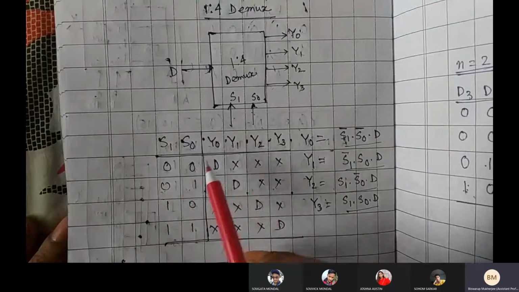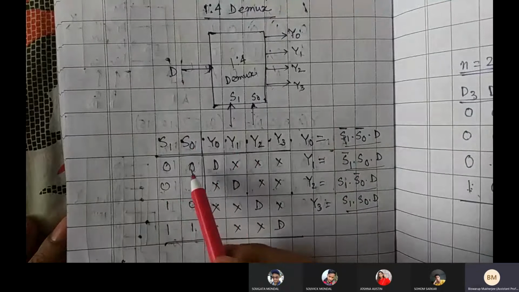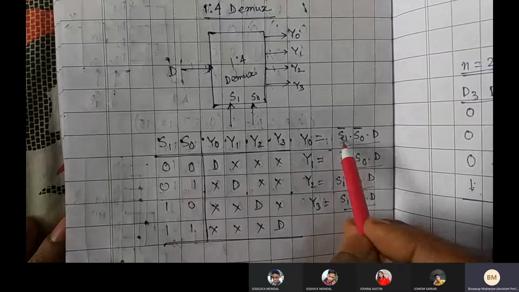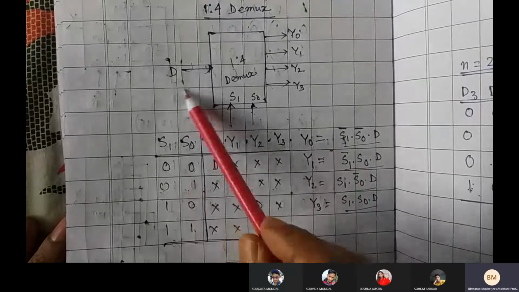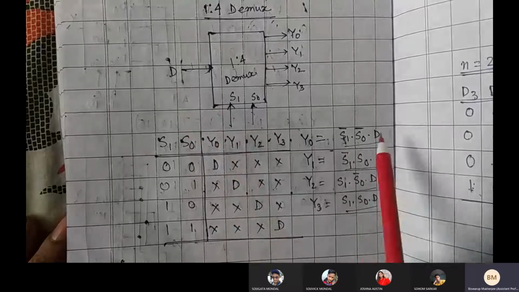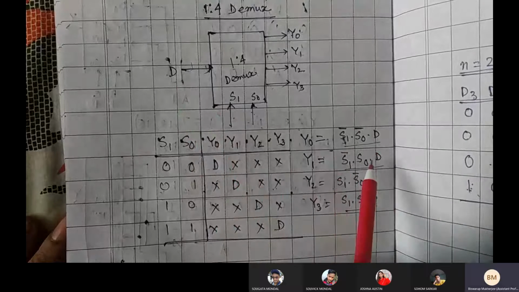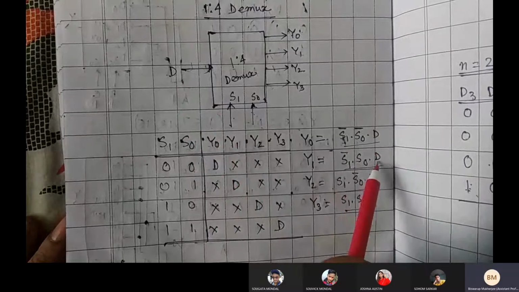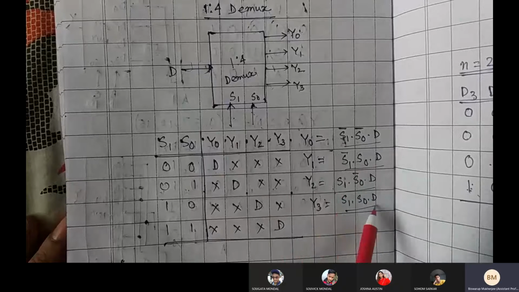So for 0 0, it is S0 bar, S1 bar multiplied by the input data D. Similarly, Y1 is S0, S1 bar into D, and so on for Y2 and Y3.